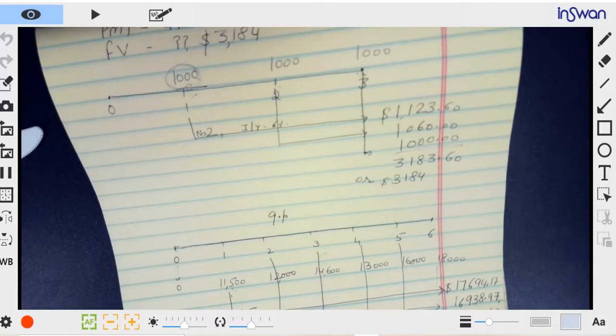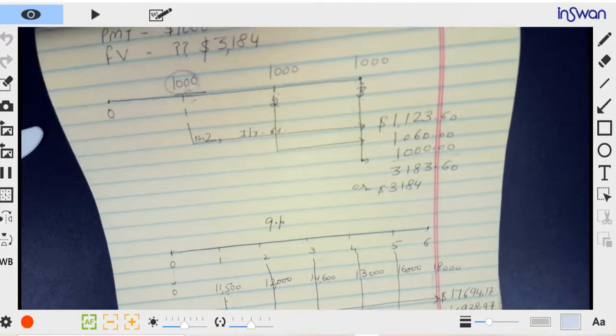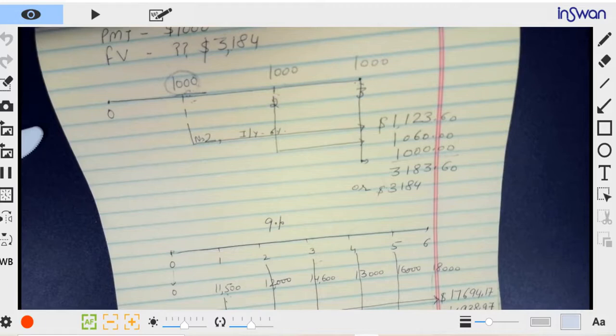Let's add all of them. 17,694 plus 16,939 plus 18,907 plus 15,445 plus 17,440 plus 18,000.